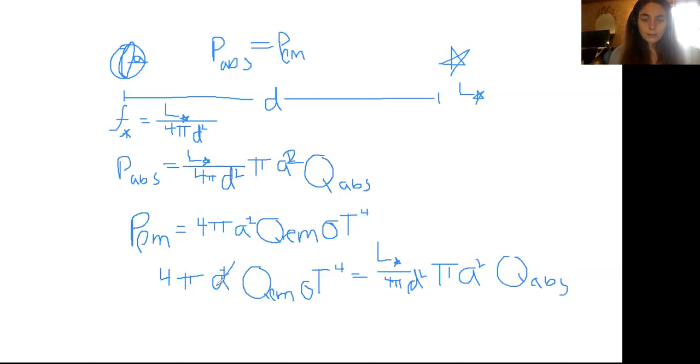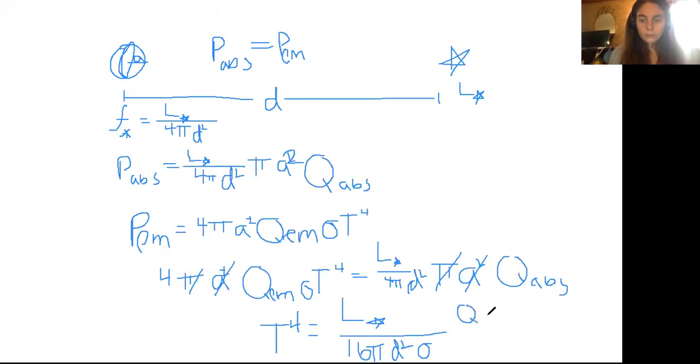Now, the nice thing is we can cancel out the a squared and the pi, and solve for T to get T to the 4th is equal to L star over 16 pi d squared sigma, and then we're going to have this efficiency ratio, Q absorbed over Q emit.